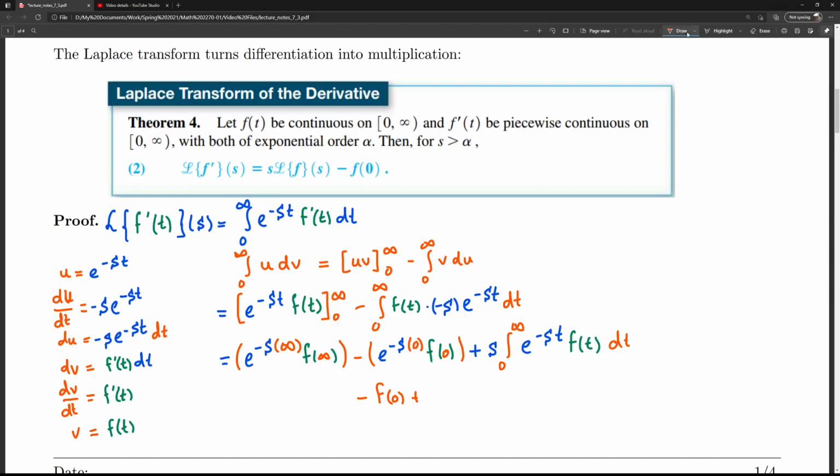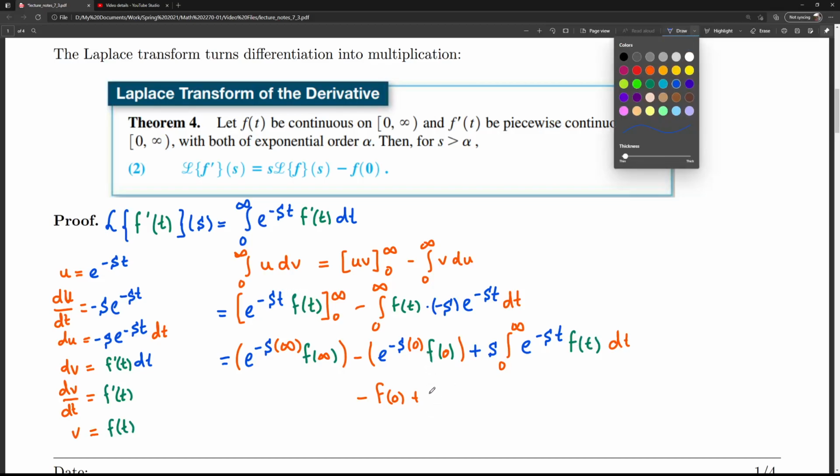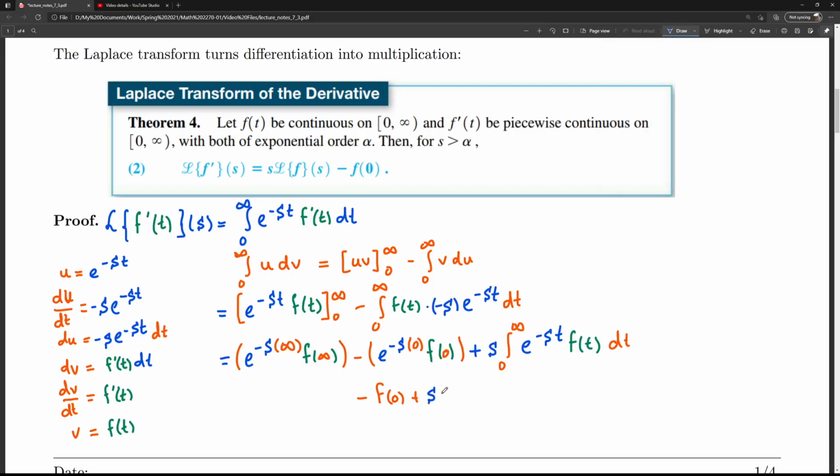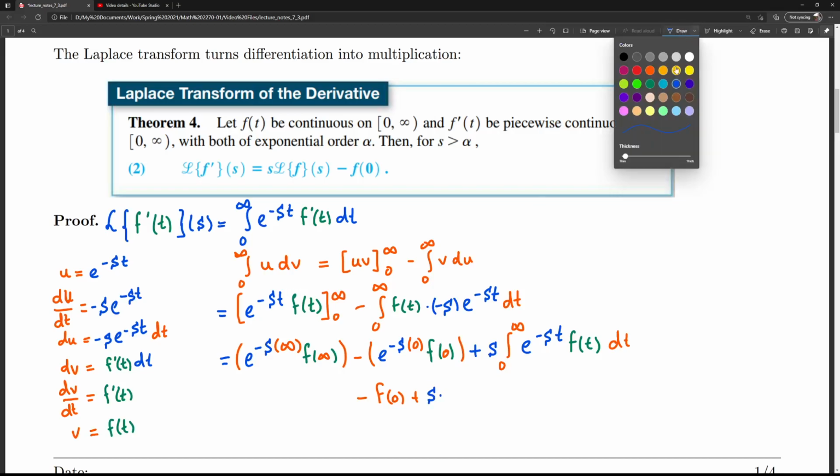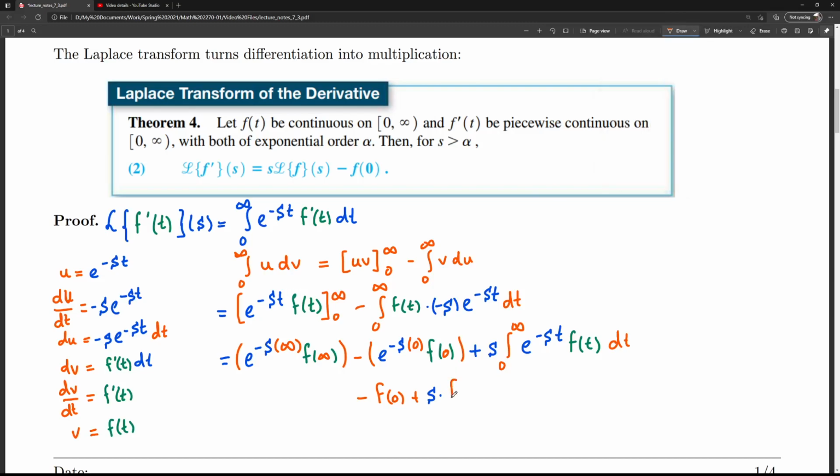So this is plus s times the Laplace transform of f of t.